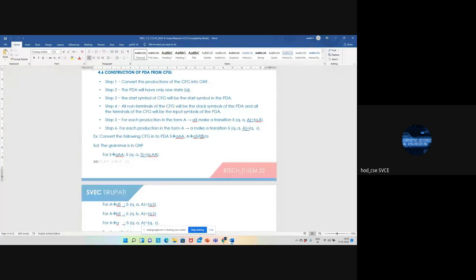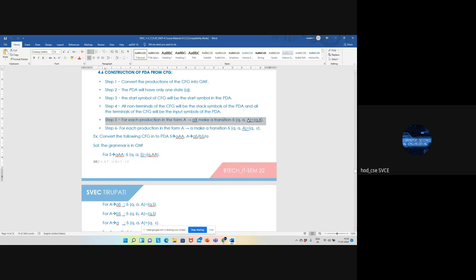Now all these productions have to be changed to transition functions by using this formula, step 5. Since it is in the form of terminal followed by non-terminal, we have to use this transition formula: delta of (q, a, A) is equal to (q, X). The q, a, and A are presented as they are.